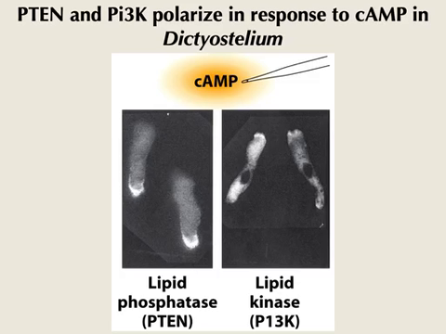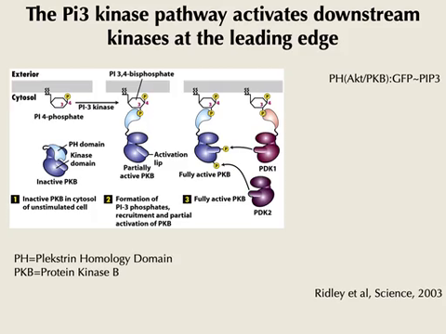So are we getting such a gradient in the cell? One way to visualize that, and that's a busy slide, but I only want you to get one aspect of it, is this so-called PH domain, or pleckstrin homology domain. That's something people have used.